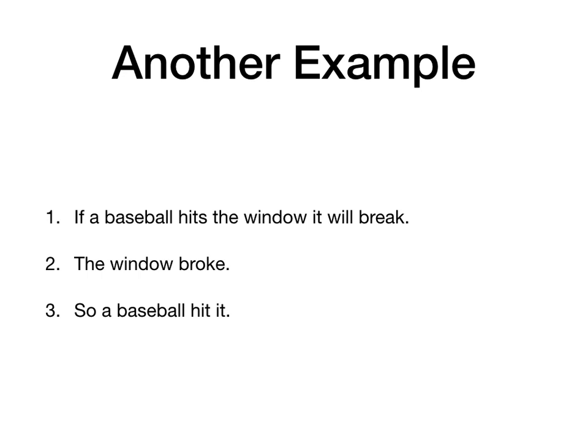Be able to spot it. Hopefully you guys can see why it's a fallacy. In all these cases, we can imagine ways that the premises are true and the conclusion's false. If a baseball were to hit the window, it would break. It's broken, but we can imagine all kinds of ways that it could be broken, that a baseball didn't hit it.